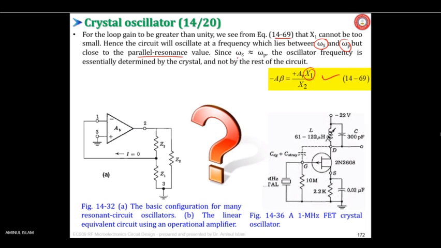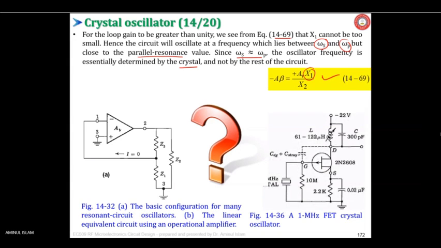And since omega s is almost omega p, the oscillator frequency is essentially determined by the crystal, not by any other components of the circuit. This is your crystal oscillator. It is a re-look at this topic because we have already studied it in your previous courses. These two topics, crystal oscillator and the other oscillator, are finished now.